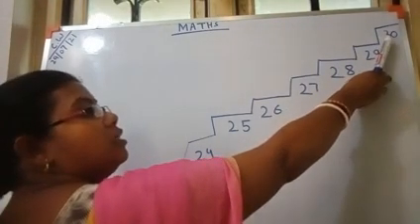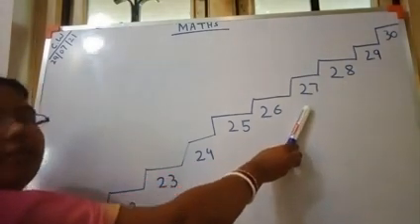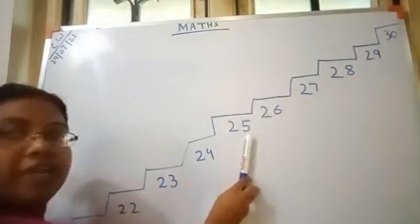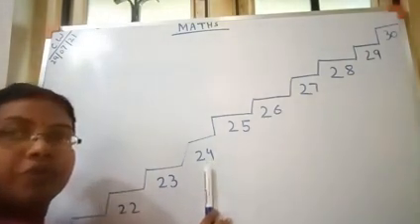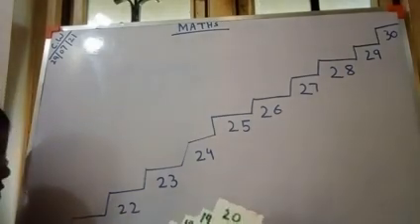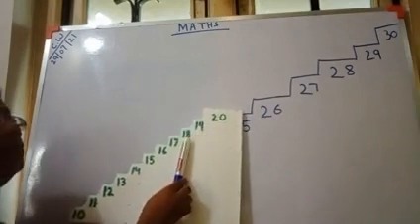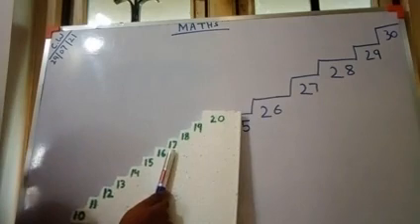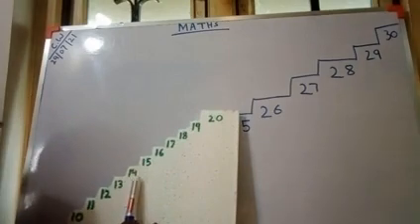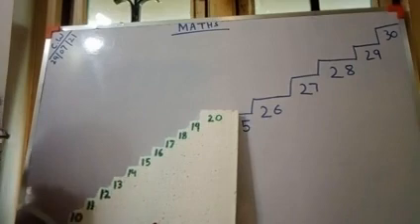Again 30, 29, 28, 27, 26, 25, 24, 23, 22, 21, 20. Now 20, 19, 18, 17, 16, 15, 14, 13, 12, 11, 10.